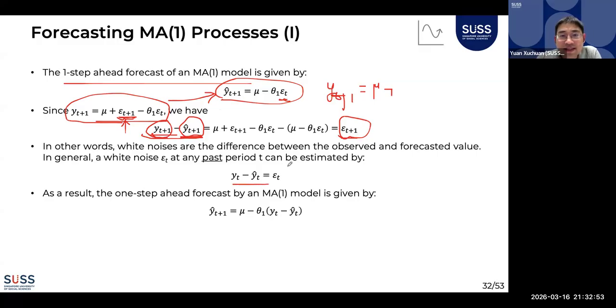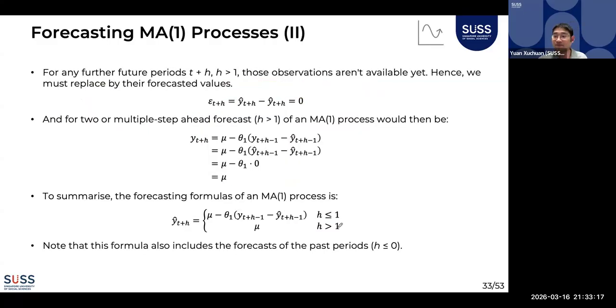So your one step ahead forecast will be yt+1 hat equals mu minus theta 1 times epsilon t, where epsilon t is based on your observation yt and your forecast yt hat. So this is a one step ahead forecast.